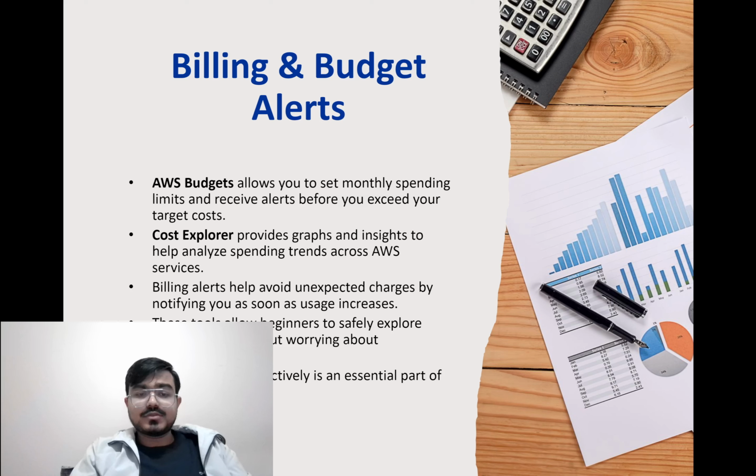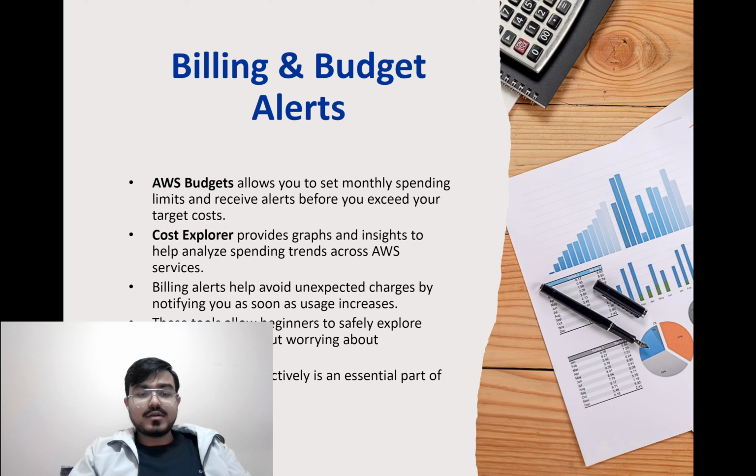AWS also gives tools like AWS Budgets and Cost Explorer to help you manage spending. With Budgets, you can set a spending limit, and AWS will notify you if you are close to exceeding your monthly target. This is very useful for beginners who don't want surprise charges.